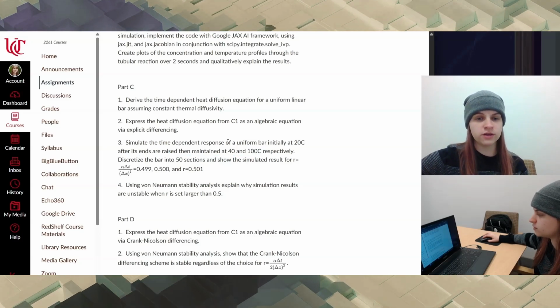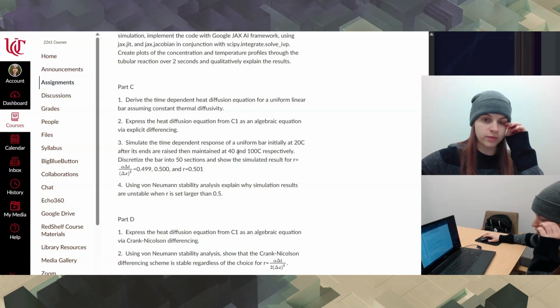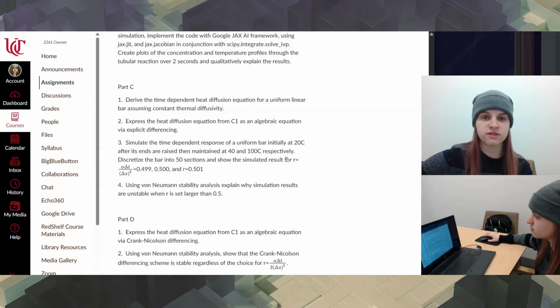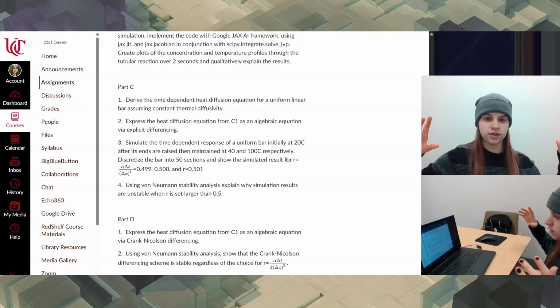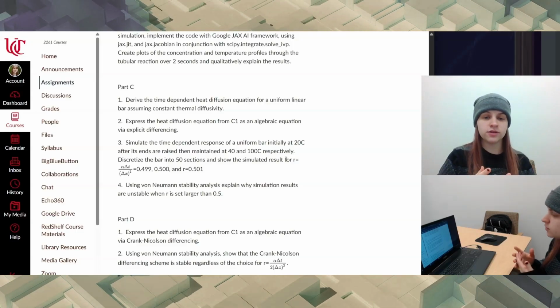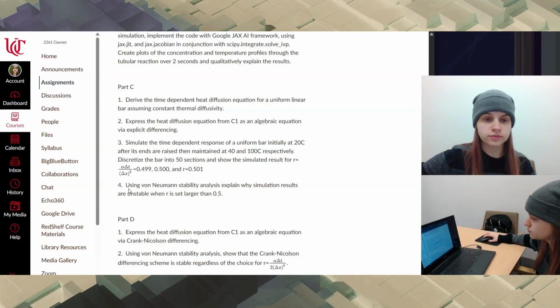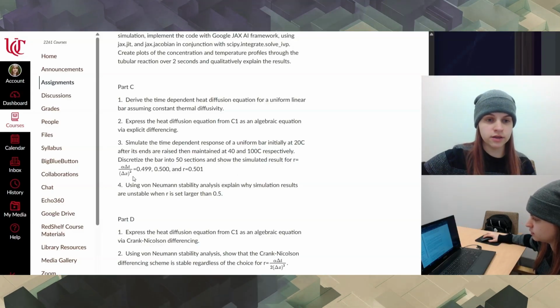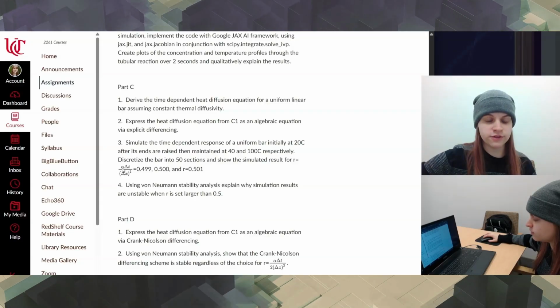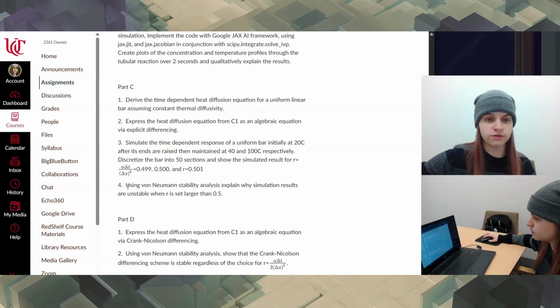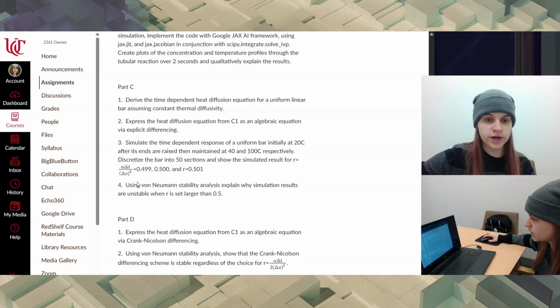So the left will be 40 degrees and the right will be 100 degrees. And what we're doing is simulating how the heat diffuses throughout this bar over time. And as I highlighted, this is our R value, the thermal diffusivity times delta T over delta X squared.